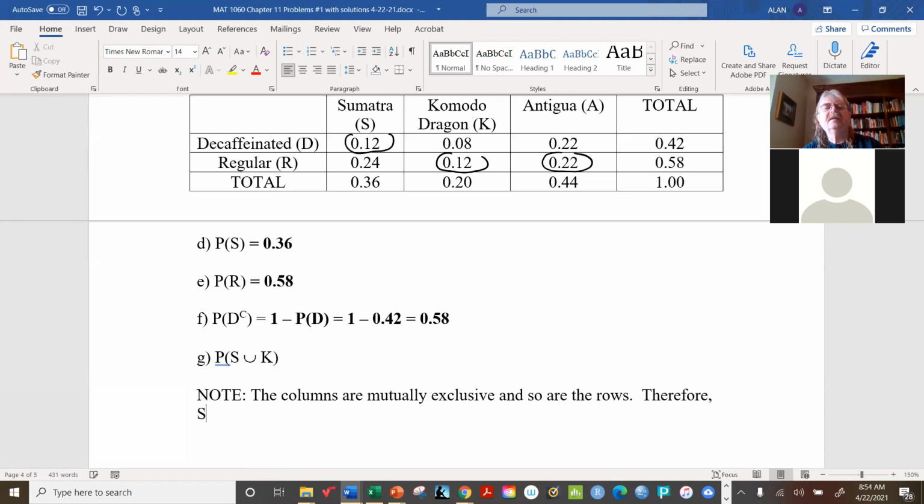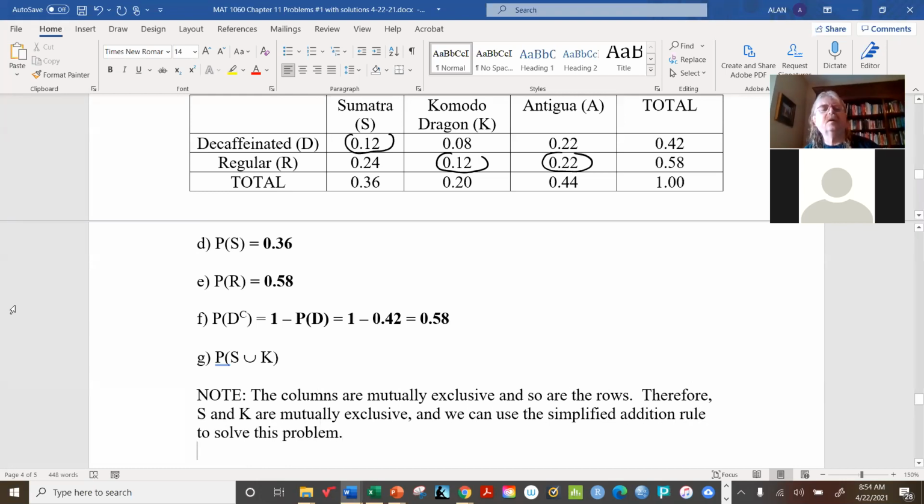Therefore, S and K are mutually exclusive, and we can use the simplified addition rule to solve this problem. So in other words, what we're doing here is we're just literally adding up S plus K. Now the S is the sum of the S column, 0.36. And then K is the sum of the K column, which is 0.20, which is 0.56.